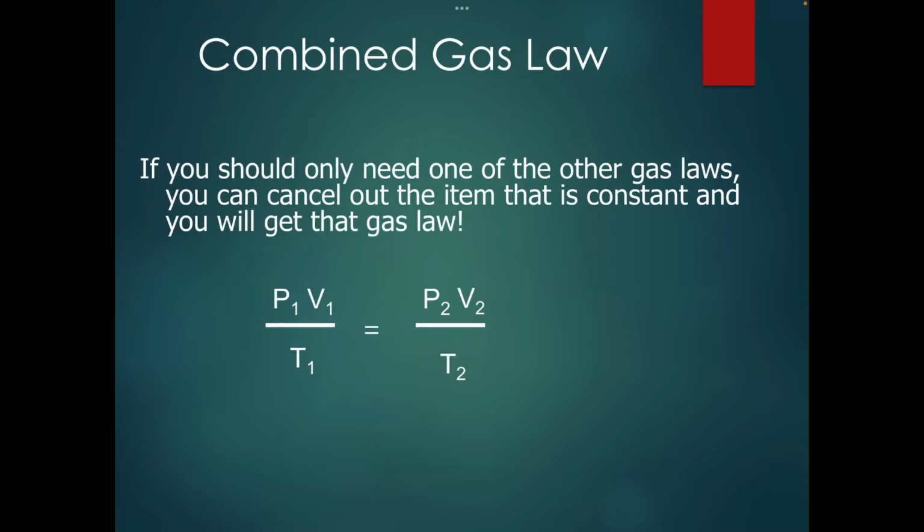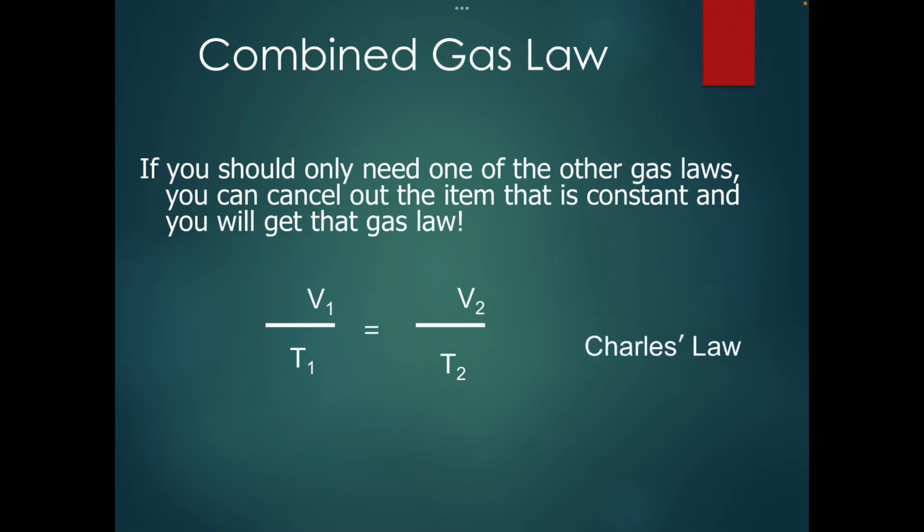So let's say you wanted to work on a Boyle's law problem, but you didn't know Boyle's law because I told you, you just have to memorize the combined gas law. Well, Boyle's law studies the relationship between pressure and volume, and it holds temperature constant. So if we want to hold temperature constant, we just remove it. And there you go. That's Boyle's law. Let's say instead we wanted to hold pressure constant.